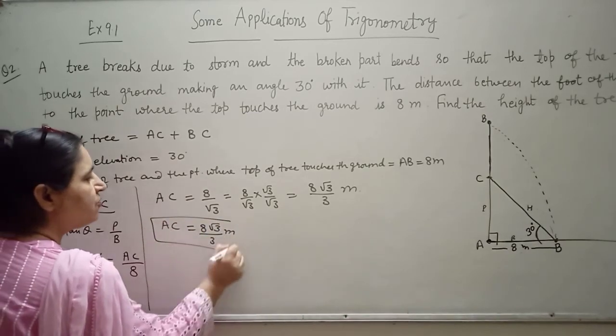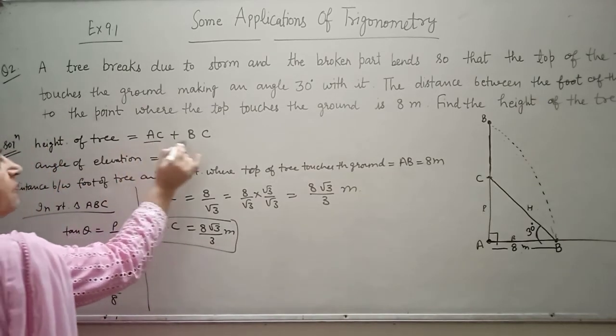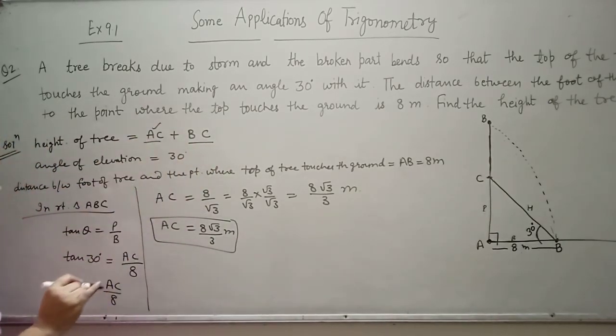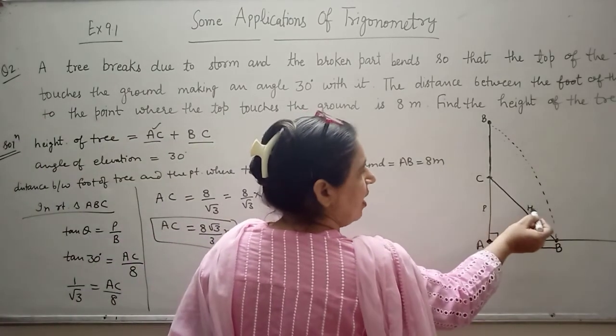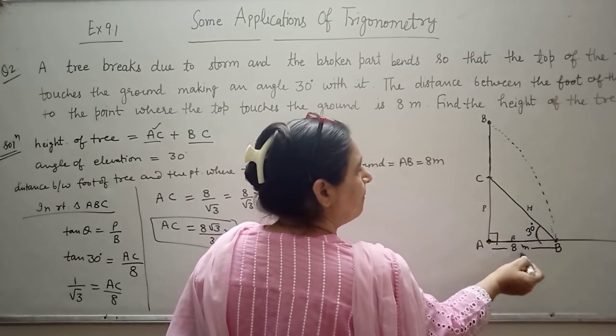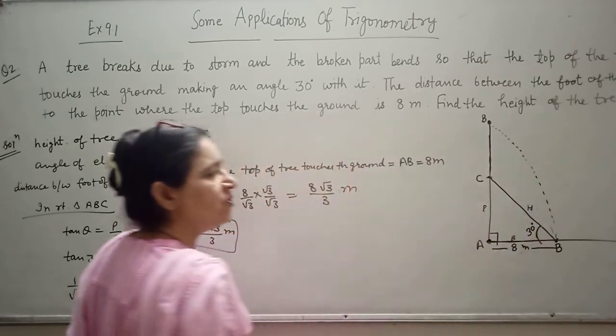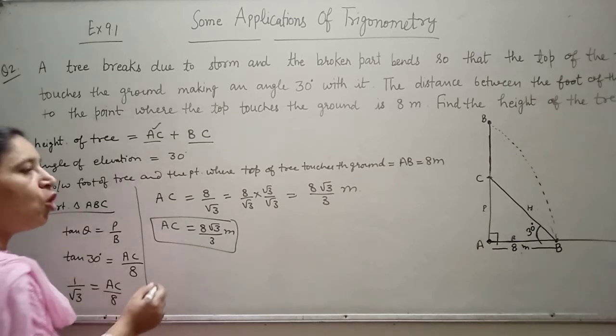But we know that height of the tree is AC plus BC. AC we have calculated. Now we need to find out the BC. So BC is the hypotenuse and this is your base. Base and hypotenuse means cos theta.